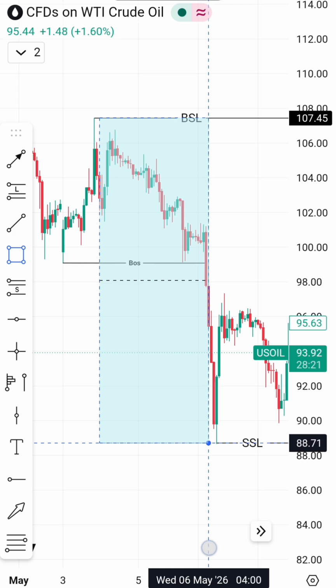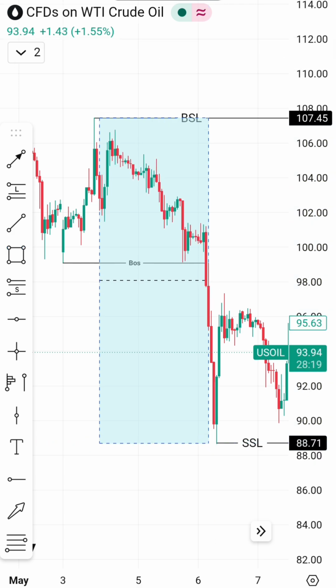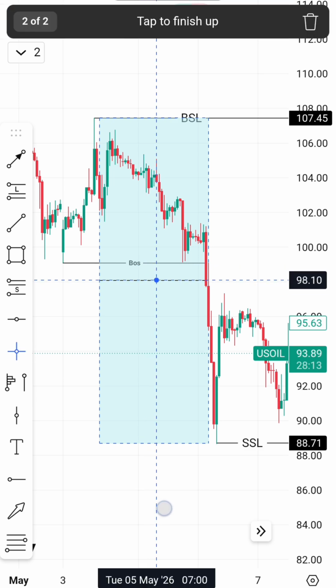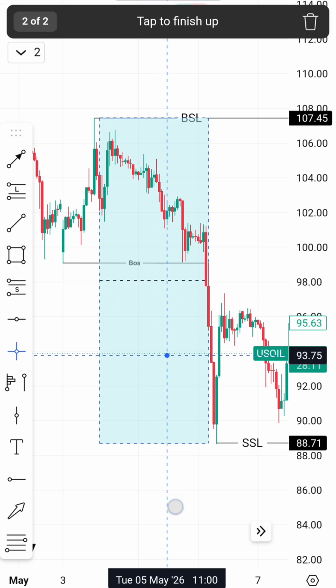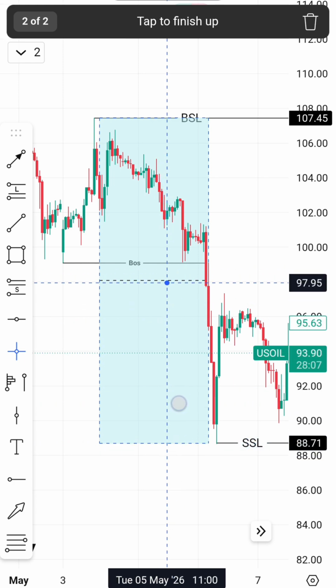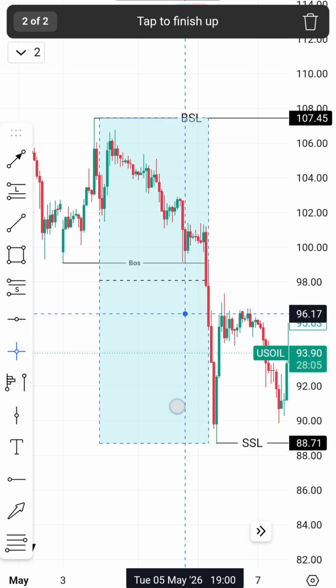Okay? And you identify your mid range. This is the mid range. Until the market crosses this zone, anything below here is cheap.